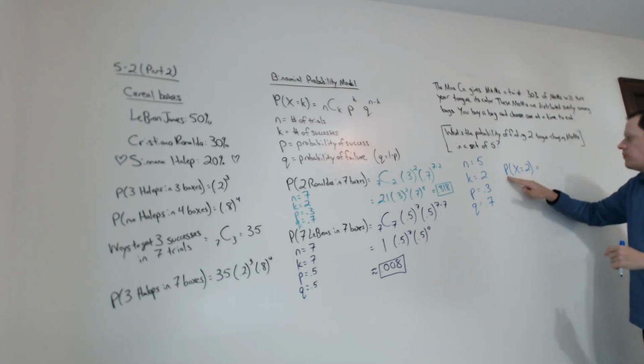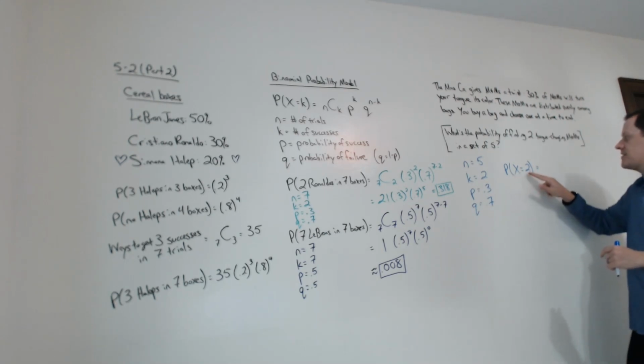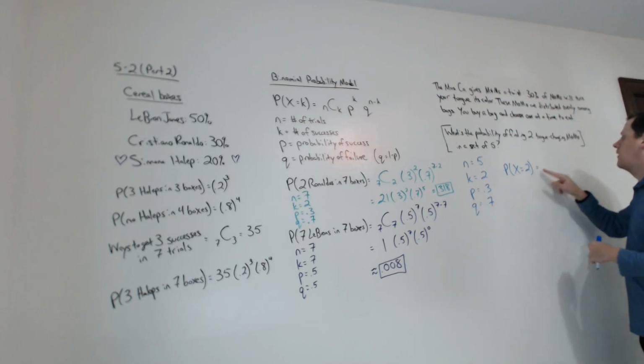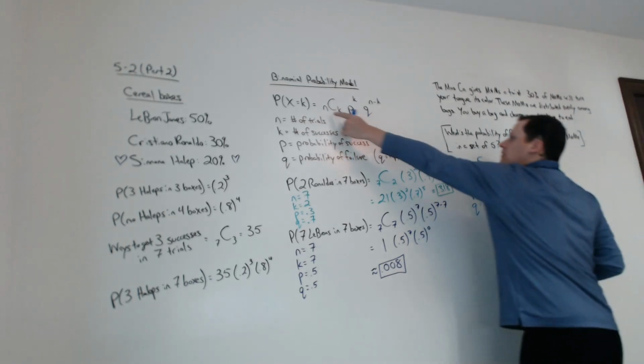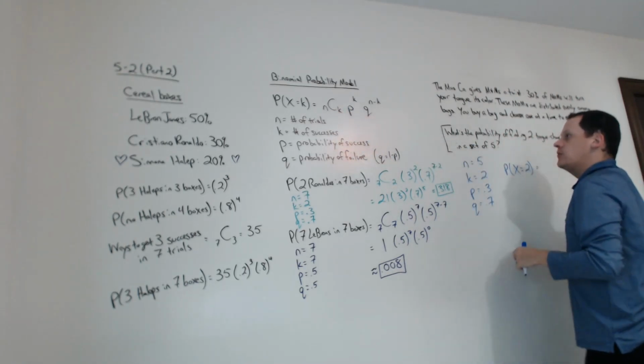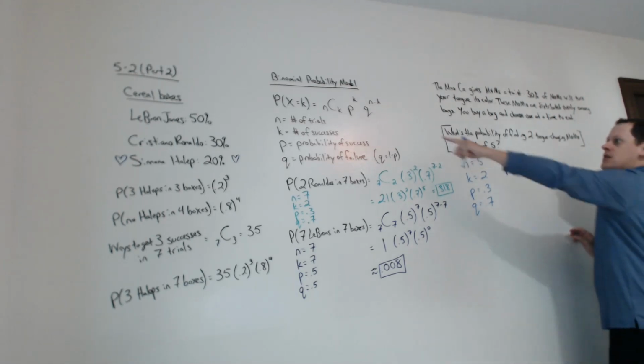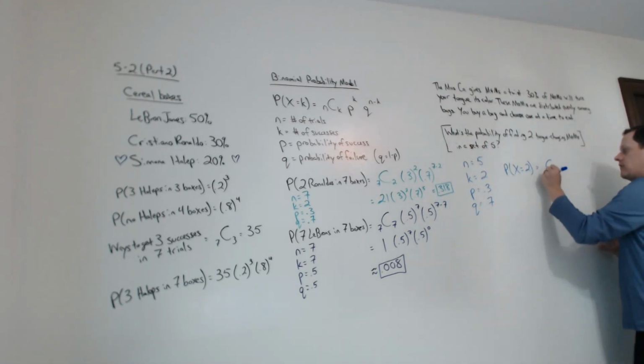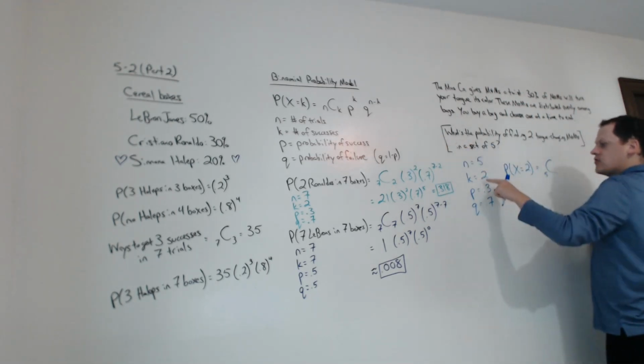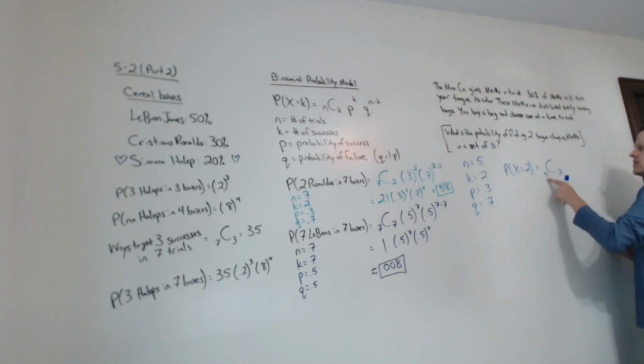We want the probability that the number of successes is 2. And that's going to be equal to, now we've got this to deal with. We know we're going to be dealing with the number of combinations first. N is 5. K is 2. So this is 5 choose 2 now.